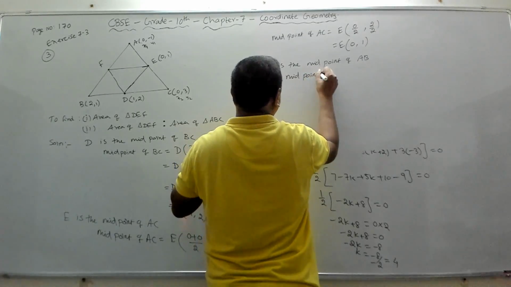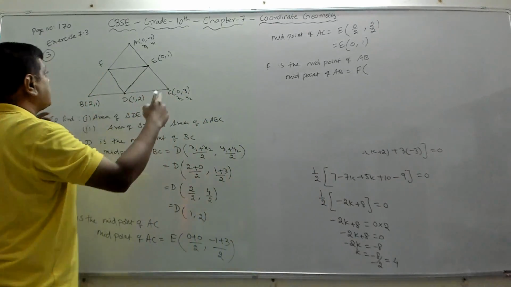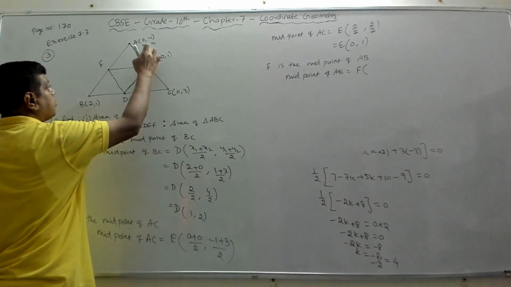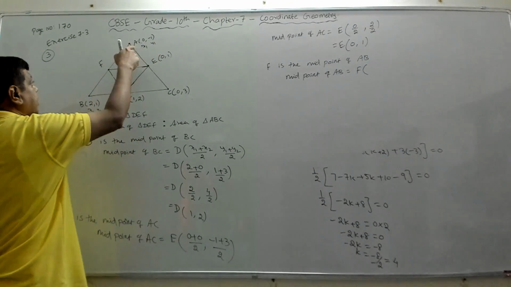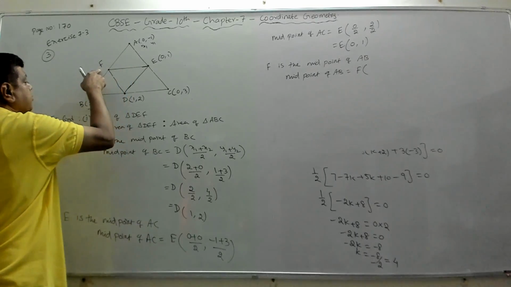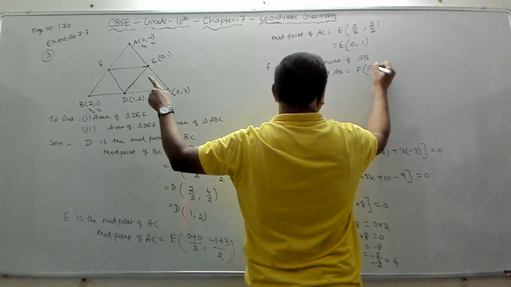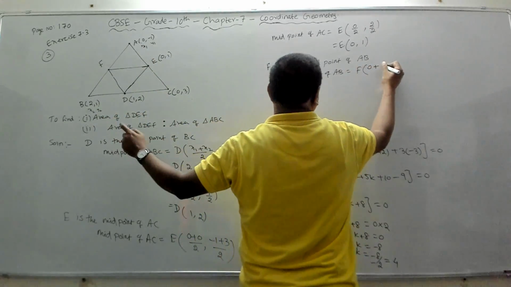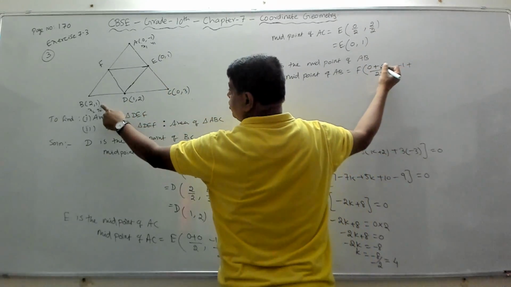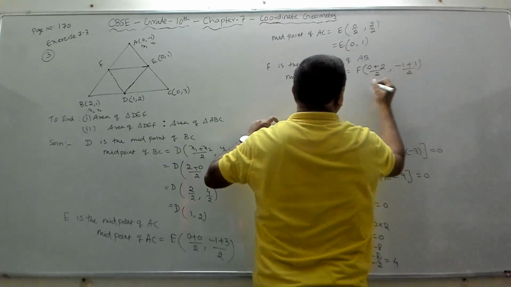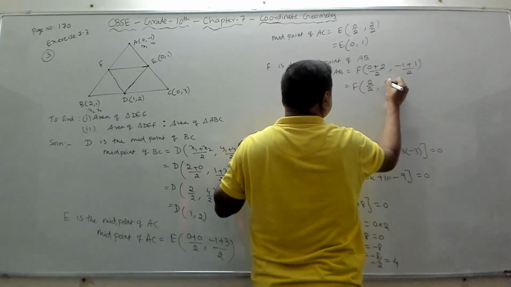Midpoint of AB, that is F of, again we use x1 plus x2 by 2. We take this as x1, y1 and this as x2, y2, and apply the midpoint formula to find the point F. So x1 plus x2 is 0 plus 2, which is 2 by 2, comma y1 plus y2 is minus 1 plus 1 is 0 by 2.